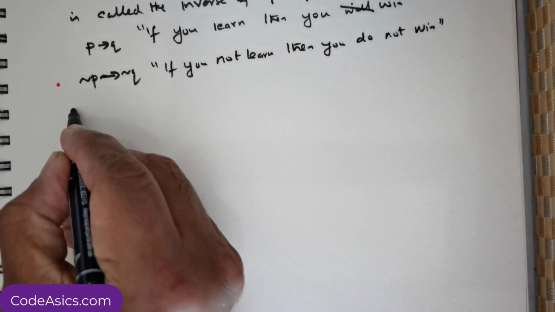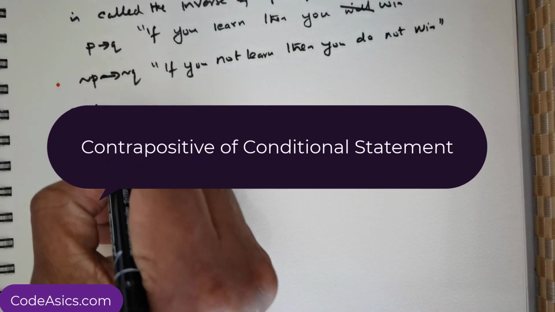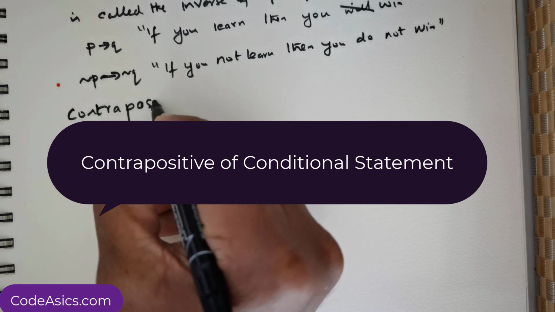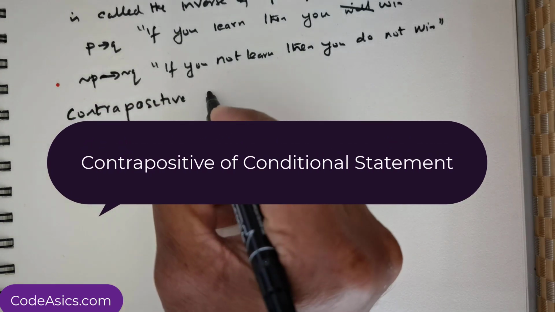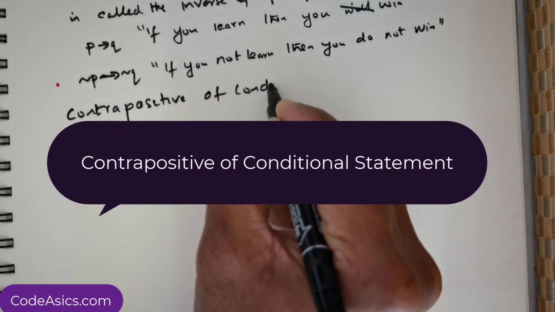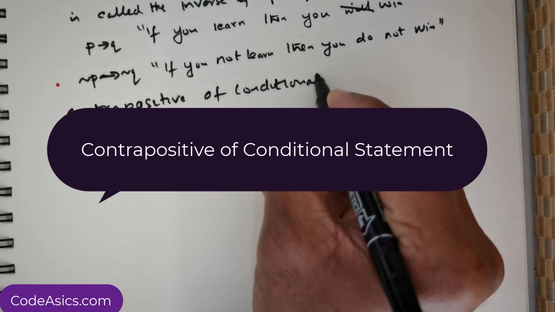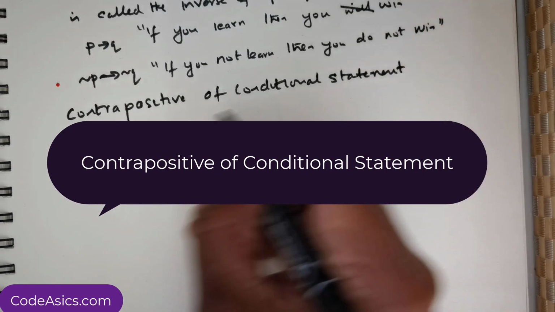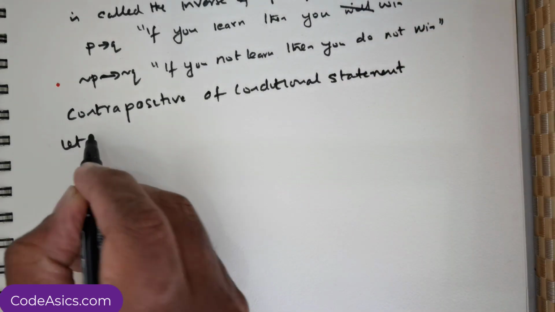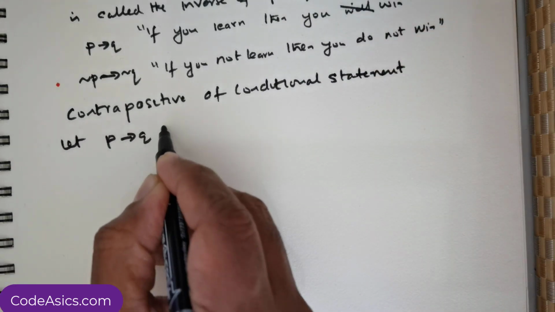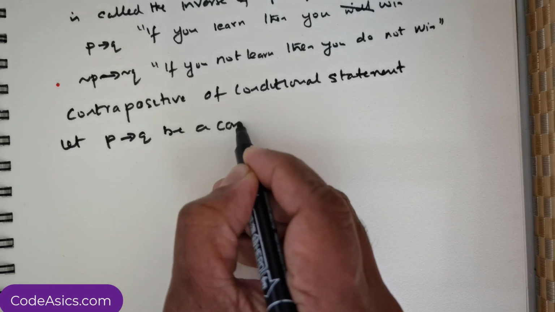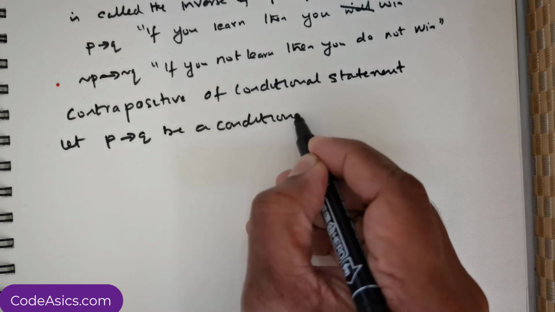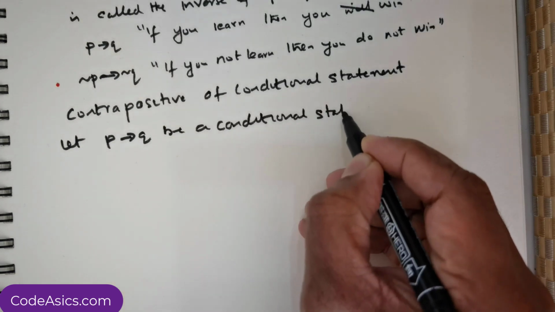Now the next one is called the contrapositive of a conditional statement. So how does this work? Let me start off like this. Let P conditional Q be a conditional statement.